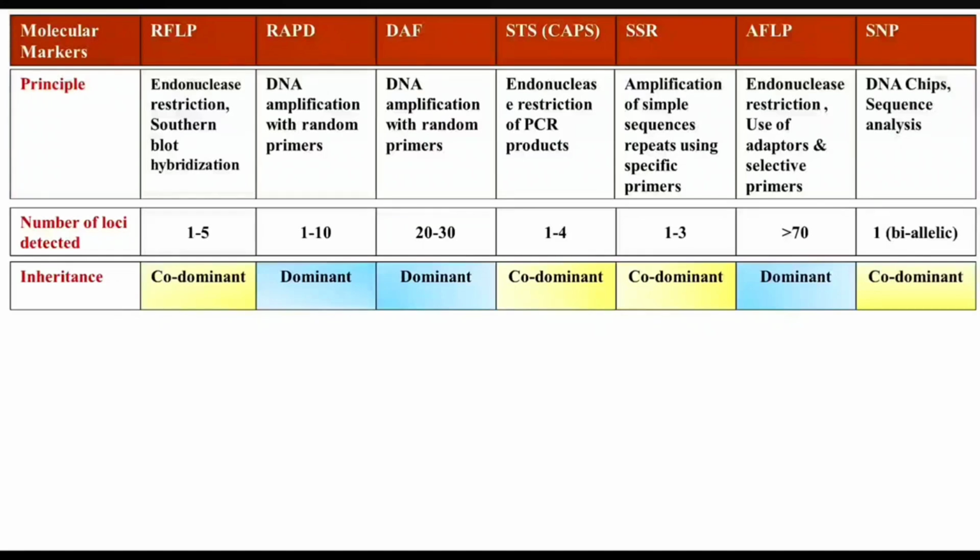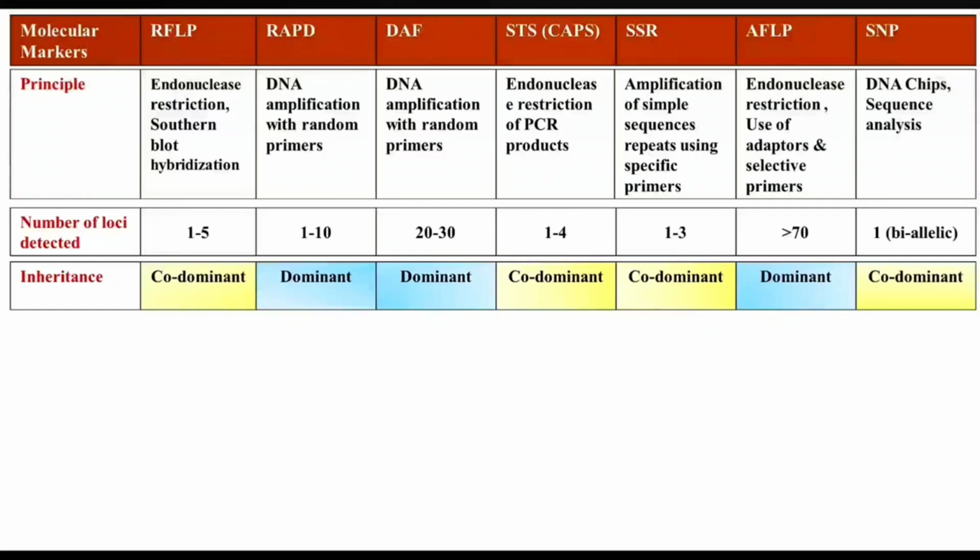So next question, it's a very important question for all the markers. Inheritance, whether it's a codominant marker or a dominant marker, it should be very clear to you. So in dominant markers we take RAPD, DAF and AFLP.